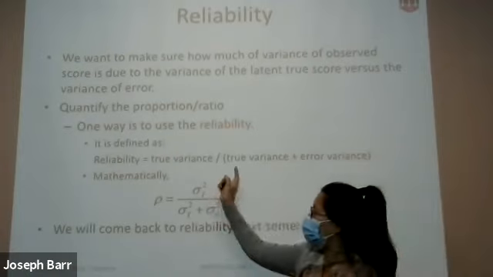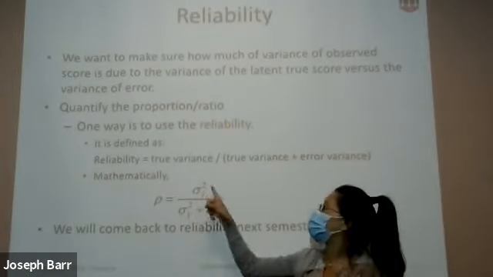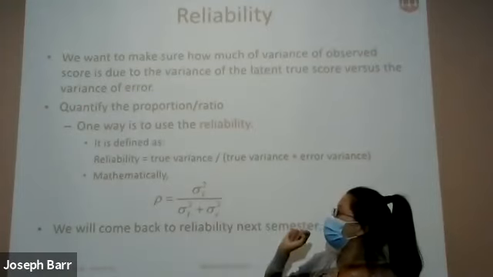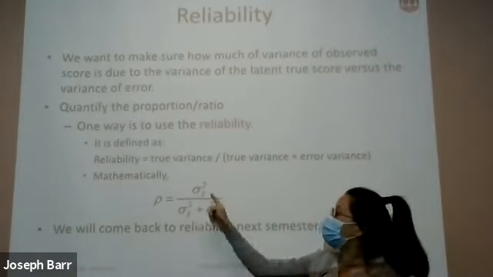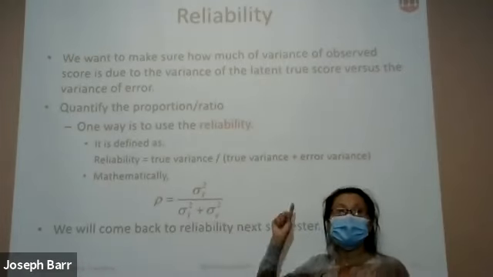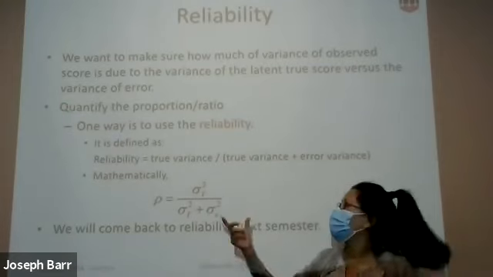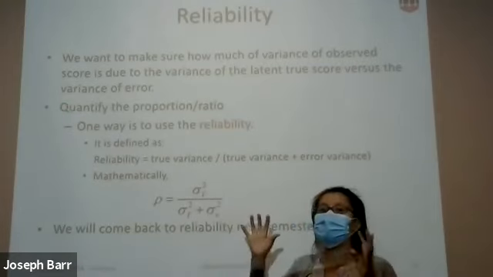In short, reliability is this formula: the variance of the true score, the T-score, over the sum of the variance of the true score and the variance of the residual part. But remember, we have the assumption for CTT that the true score and the error part are independent.